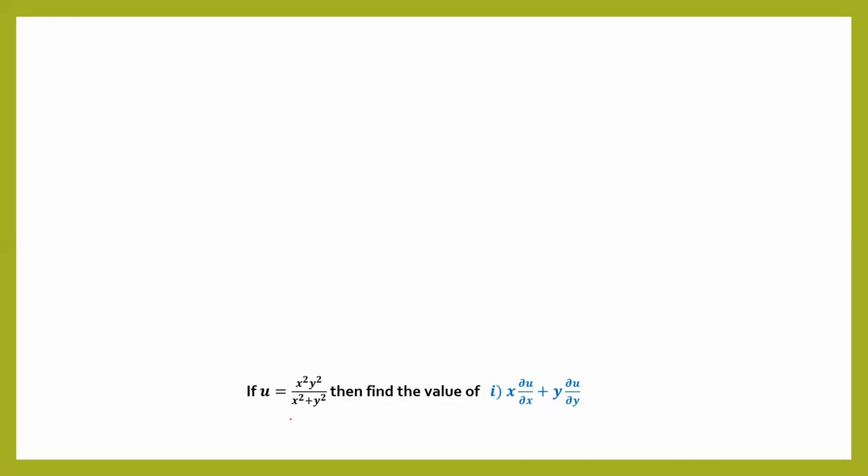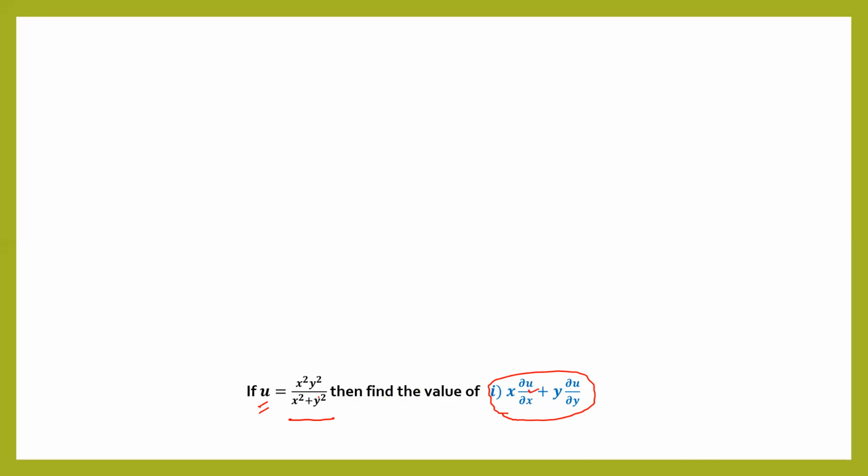Now suppose we have u equal to x square y square upon x square plus y square, and if we have to find the value of such a term, then what to do? We have to differentiate this u with respect to x, and find del u upon del x.